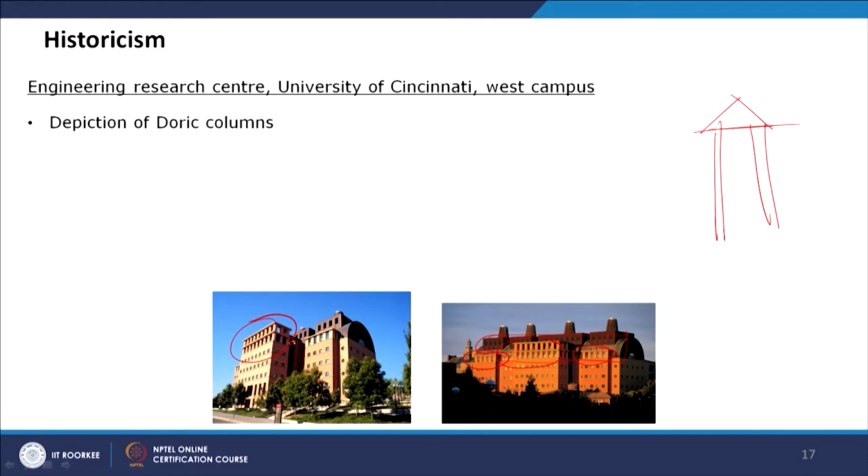So this is not serving the purpose of a column, which should hold some structure on top of it. These are short, and the depiction is not really a Doric column's way of depicting. There is no column capital. It's like a series of squeezed, short Doric columns.